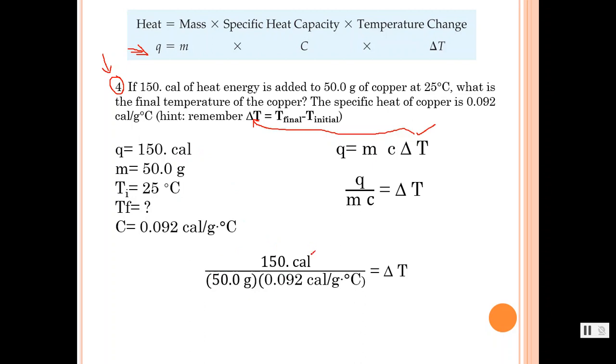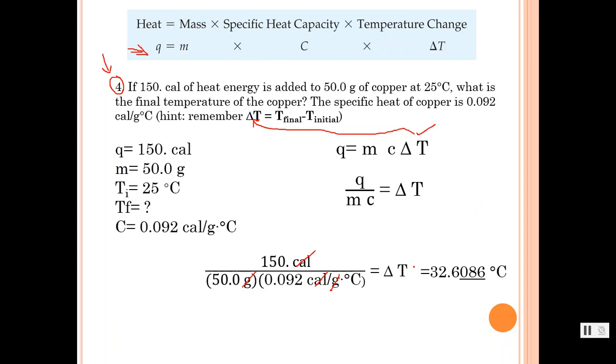When we do that, we see our cal units cancel, our gram units cancel, and we're left with degrees Celsius. So in your calculator, what you should get is this number here. And because I don't want to round just yet, I went ahead and I underlined the digits that are not significant, but I'm not going to round until the very end because I'm not done yet.